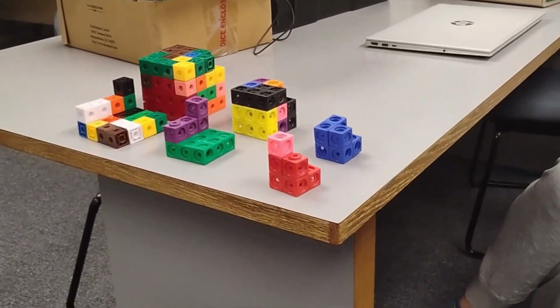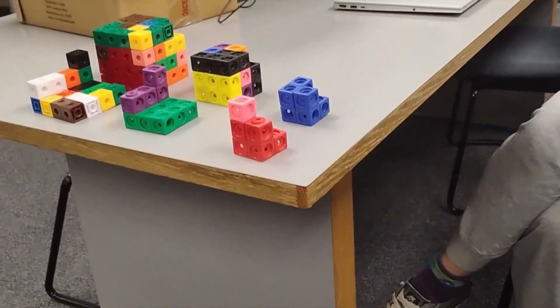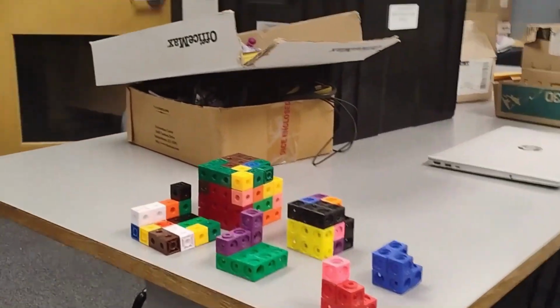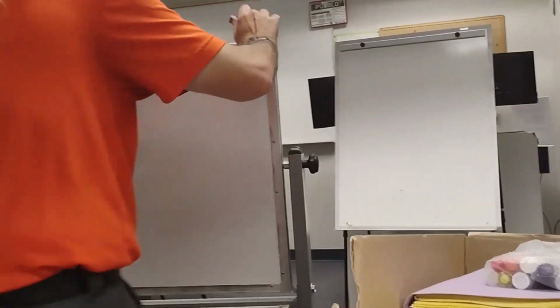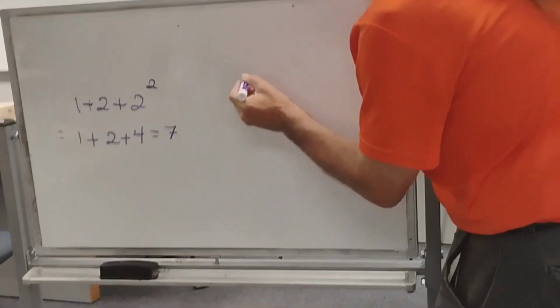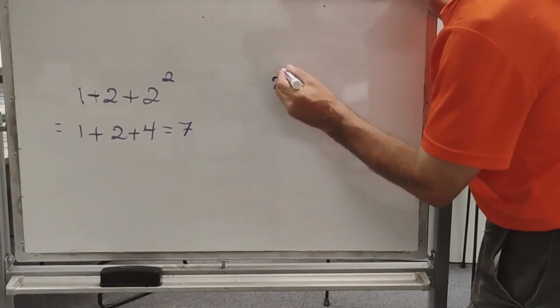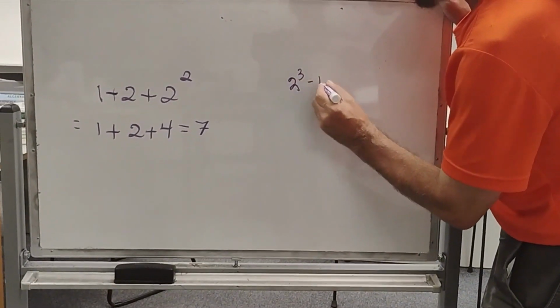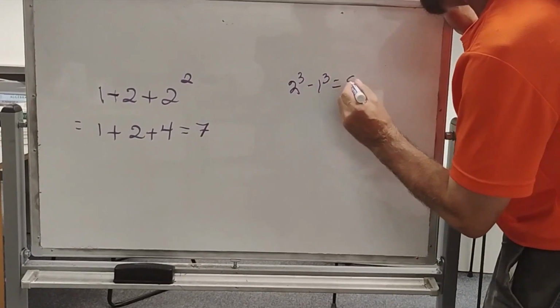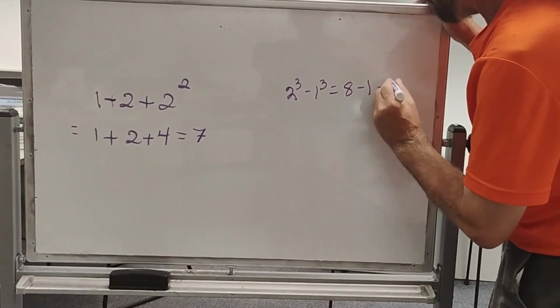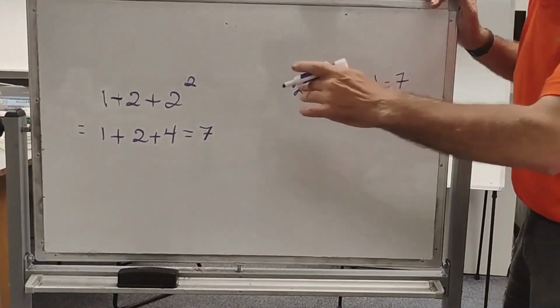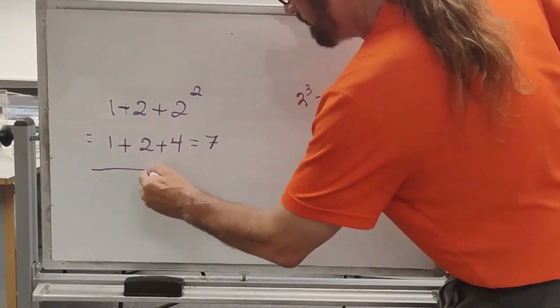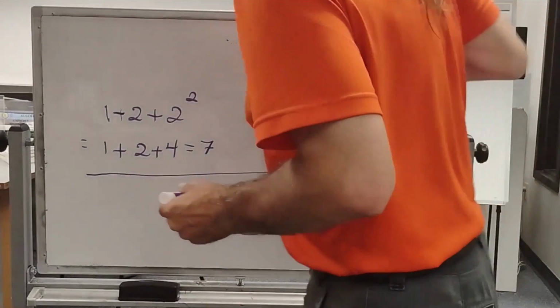So 2 cubed, giving us 8, minus 1, taking away the 1. And actually, we can express the 1 as 1 cubed. In that case, we're getting exactly the same thing.